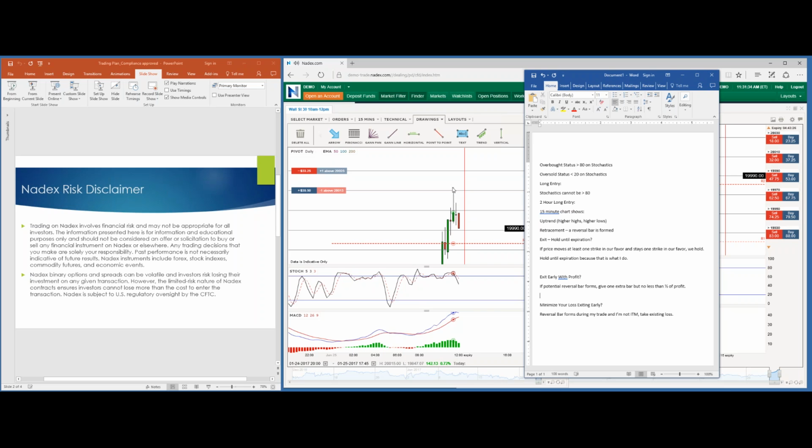It's moved one strike in our direction. What does it say here? Okay, I'm going to hold until expiration. Oops, wrong one. This one. It is one strike in our favor, so we're going to hold till expiration.